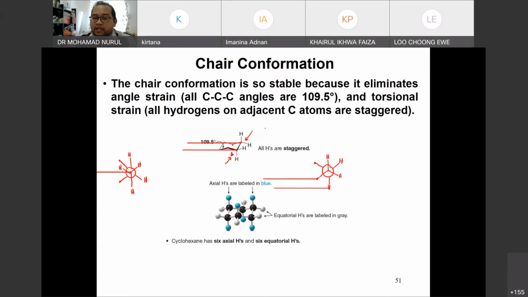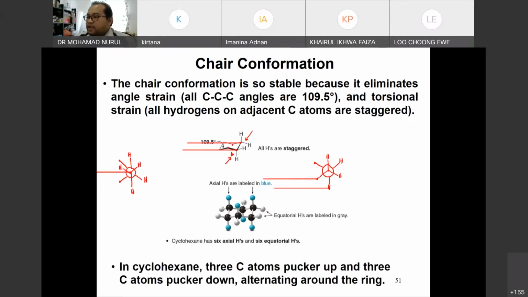If you insist, and sorry, that you want to see from this side, go ahead. You will make a mistake when you try from another side, because it's quite harder. You have to use your imagination to do that. In cyclohexane, 3 carbons are puckered up, 3 carbons are puckered down, and yes, of course, alternating around the ring.